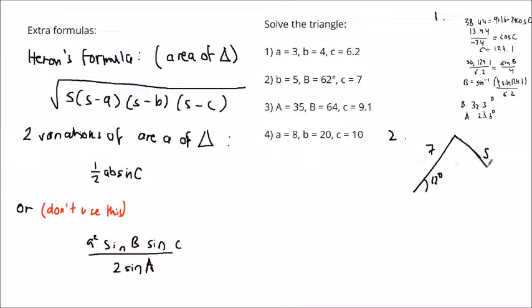So first step is I'll see if the 62 degree angle is enough for 5 to have no solutions, 1 solution, or 2 solutions. So we'll do the h sine, to find the height, right? We'll find the height, and that's 7 sine 62. See if it's bigger, equal to, or less than 5.